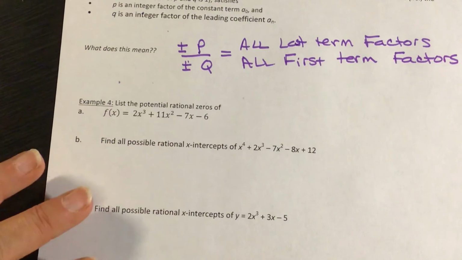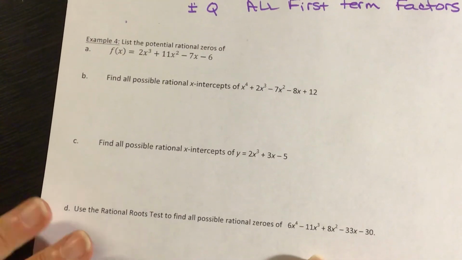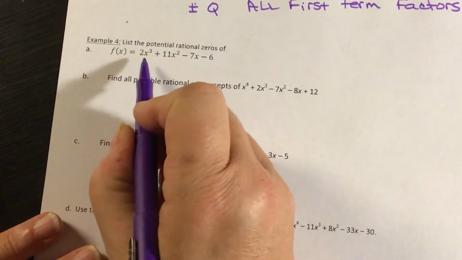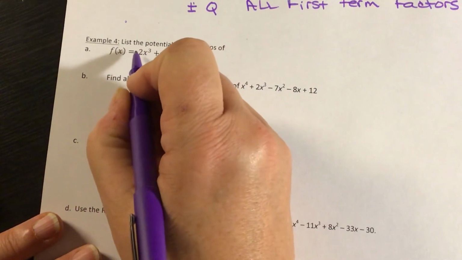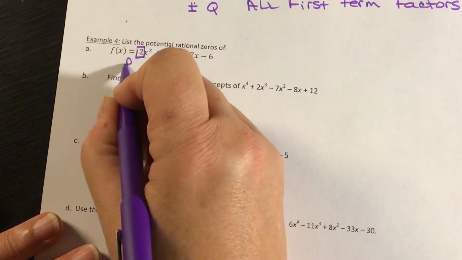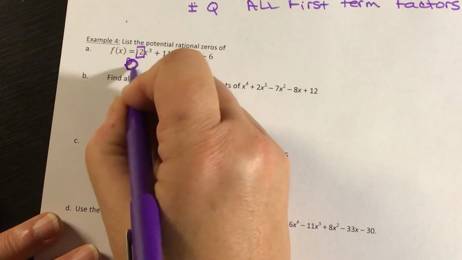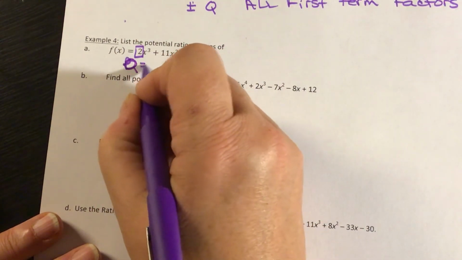All right, so that probably made absolutely no sense. But here it is with real numbers. In this, my first term, Q comes first, is 2.